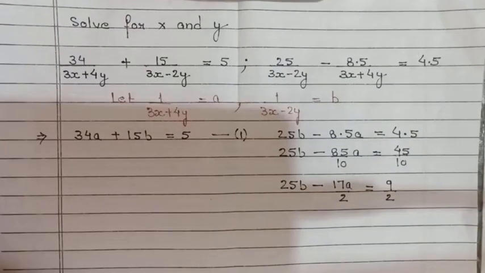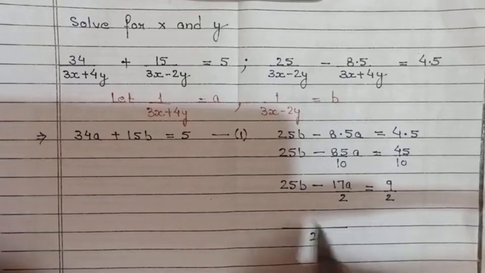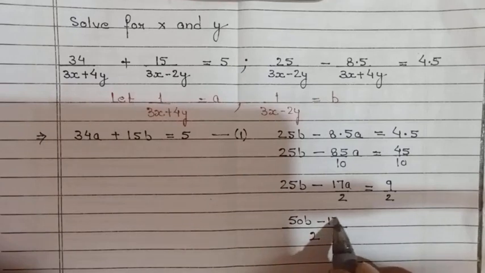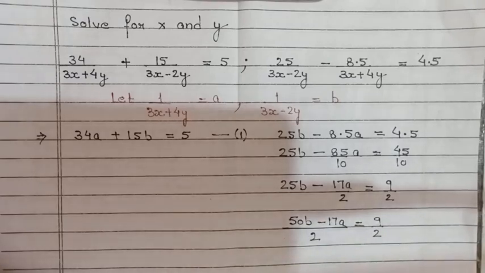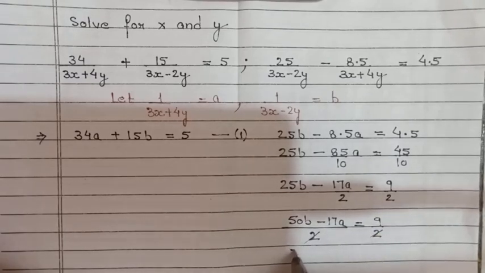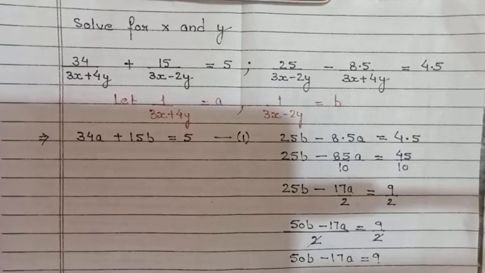Now taking the LCM over here, the LCM will be 2. So you will be getting 50b minus 17a is equal to 9 upon 2. Removing the denominator on both the sides, you will be getting 50b minus 17a is equal to 9.